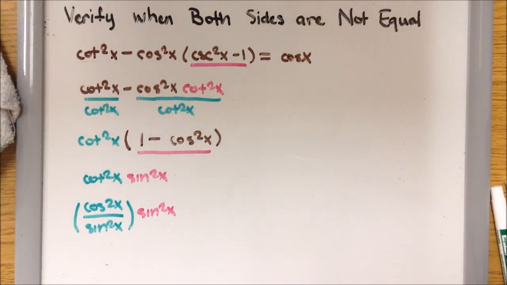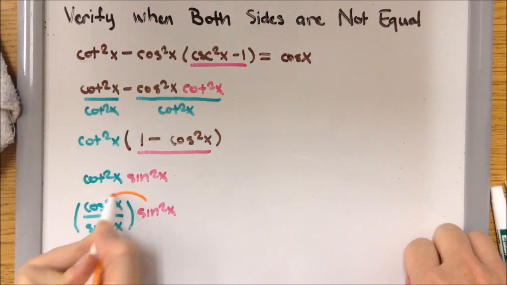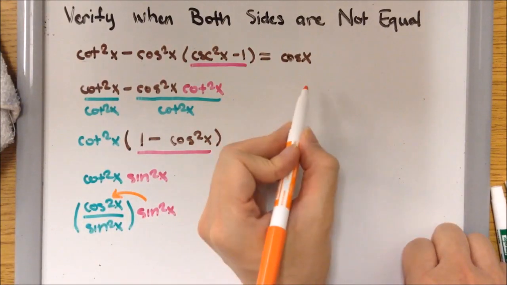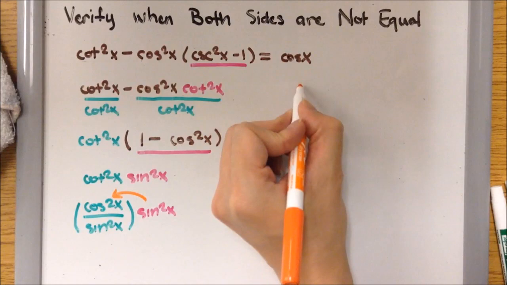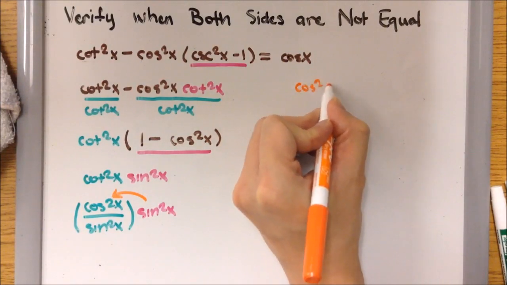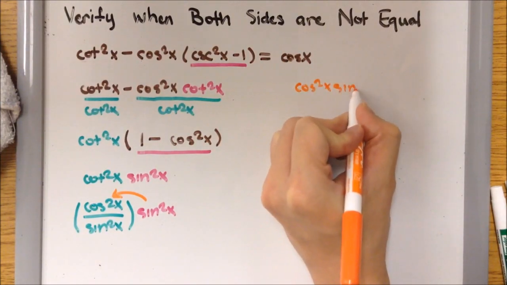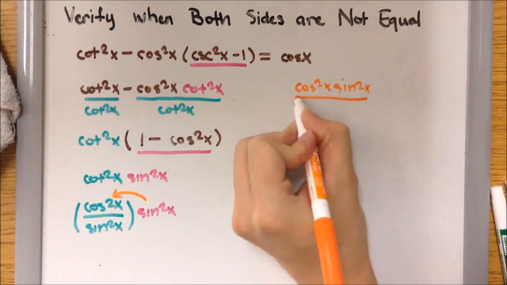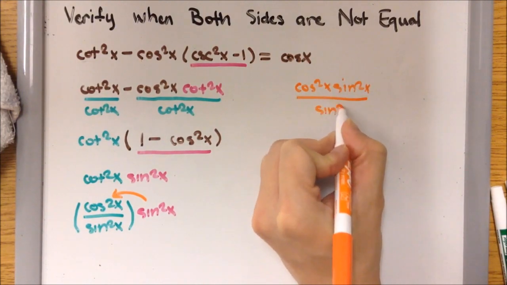So we have this fraction multiplied by sine squared x. Sine squared x is like a whole number, so you're just going to simply multiply it to the numerator. So I'm going to write it up here. Cosine squared x sine squared x over sine squared x.